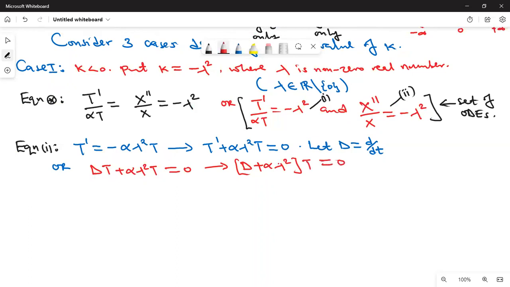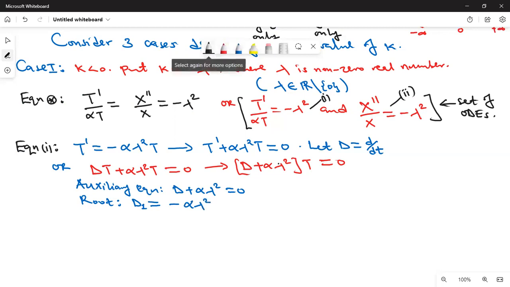This is a homogeneous ODE. And so the auxiliary equation is d plus alpha lambda squared is equal to 0, and there's only one root, d is equal to negative alpha lambda squared.